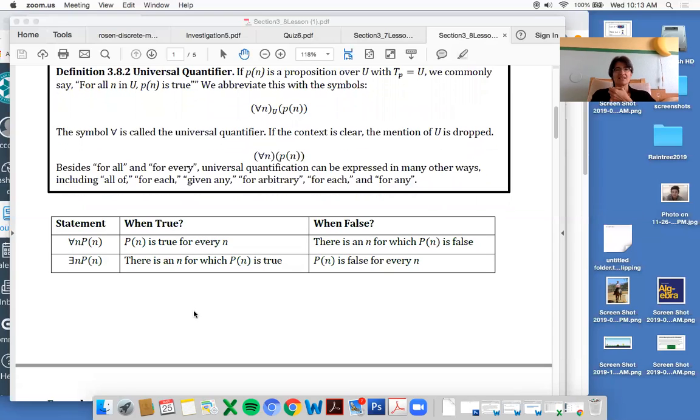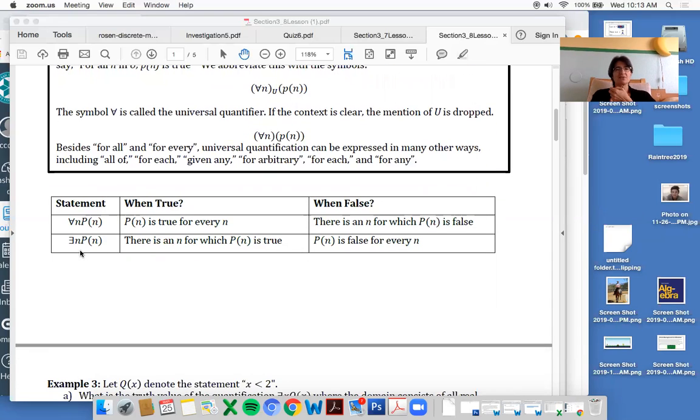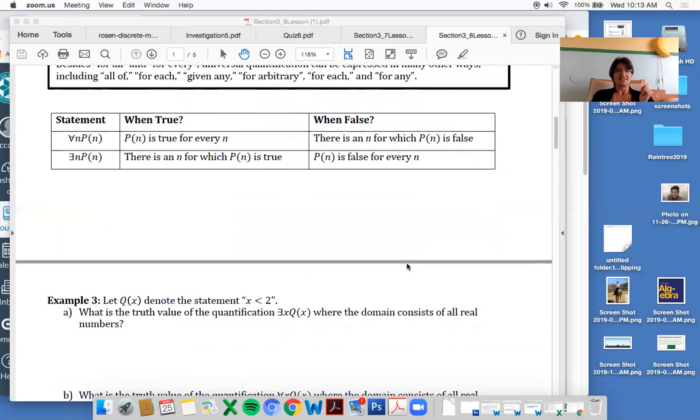And for the existential quantifier, the existential of a proposition is true if you can find at least one n in the universe for which the proposition is true. And the existential quantifier is false if it's false for every single n in the universe.